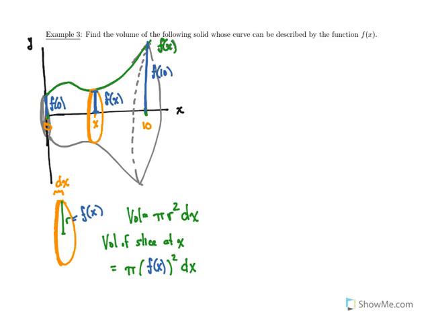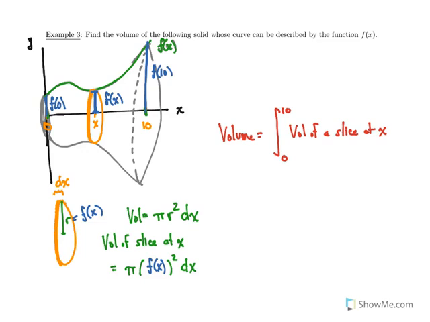So here, the volume of this shape would be equal to the integral, where we're going to look at the volume of a slice at x. And we're going to do that for every x value from 0 to 10, as that's where we're going to take slices for this shape.